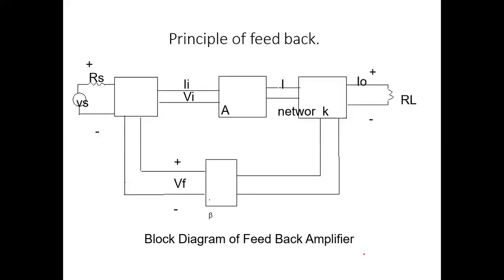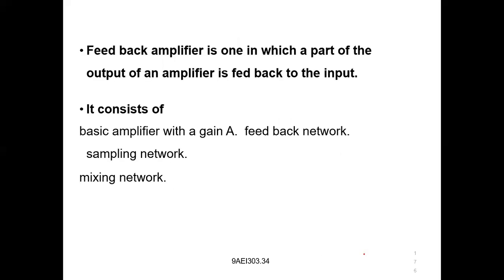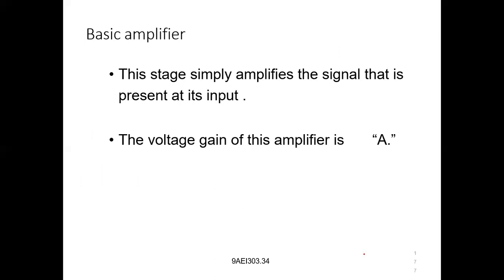So this is the basic principle of feedback. We take the output from some part, then give it to the input with different models. A feedback amplifier is one in which part of the output of the amplifier is fed back to the input. It consists of a basic amplifier with gain A, a feedback network, a sampling network, and a mixing network.